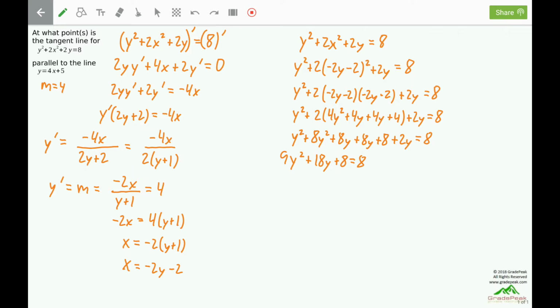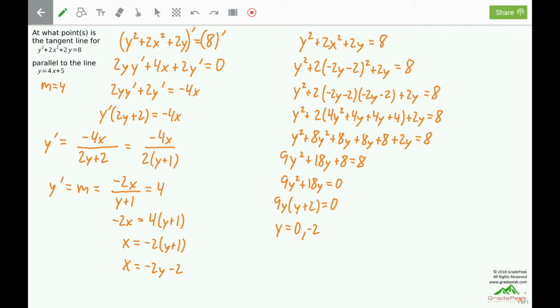Now to solve for this, we have a quadratic on the left, so we want to equate it to 0. Let's subtract 8 from both sides. So we end up with 9y squared plus 18y equals 0. This is no longer a trinomial, but it does have a common factor of 9y. We can factor that out, and that'll leave us with y plus 2 equals 0. So y equals 0 and y equals negative 2.